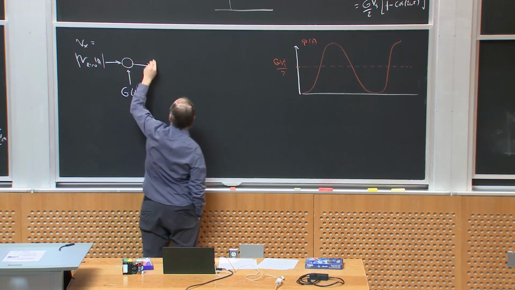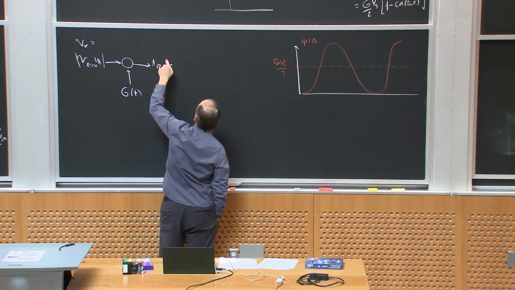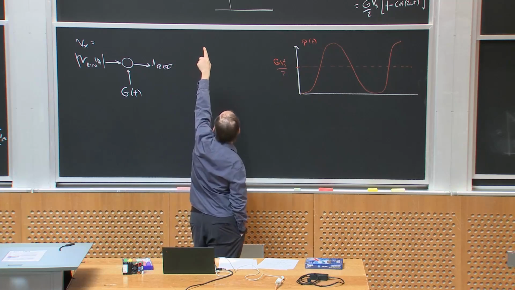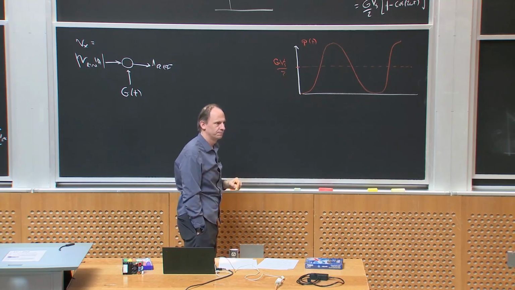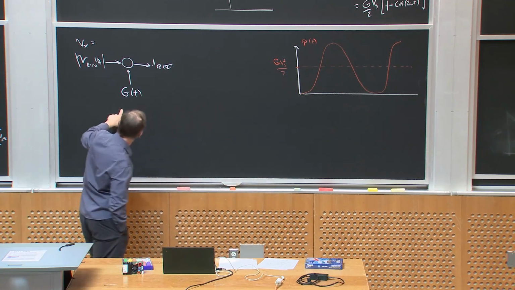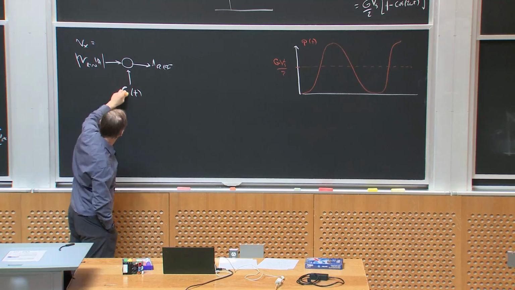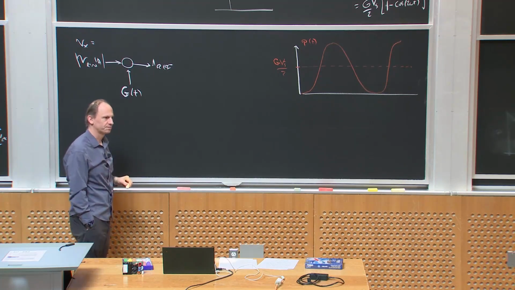And this gives me Iref, which then I feed to my current controller for my boost converter. So an input to my control is what I chose G of t to be.